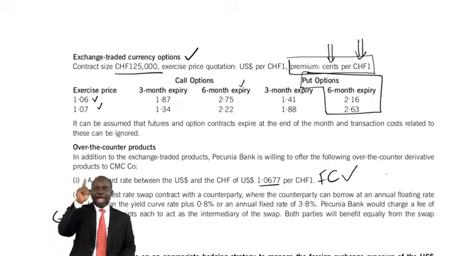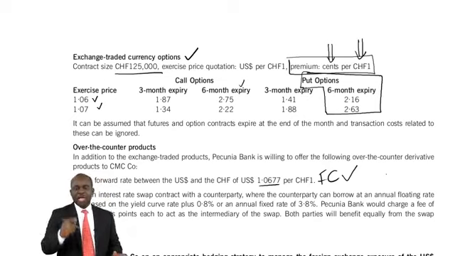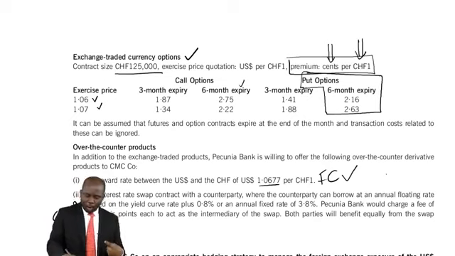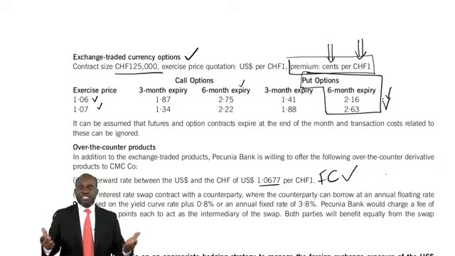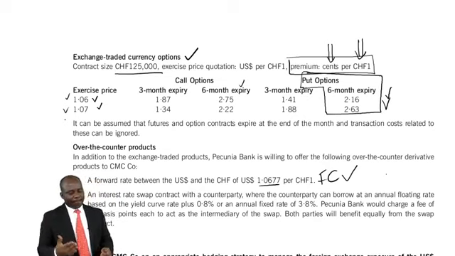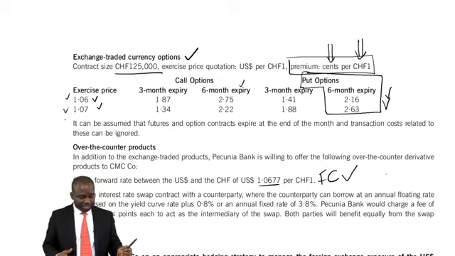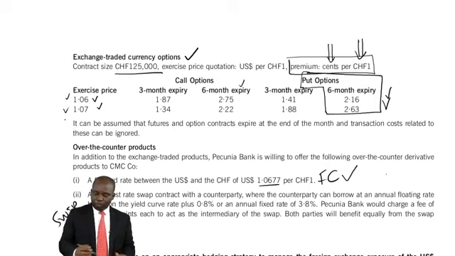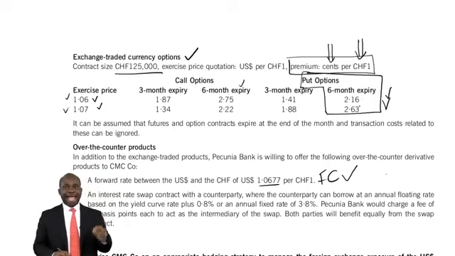It means for every 1 CHF I will enter in the contract, I will pay premium of these in terms of cent, depending on the exercise price.